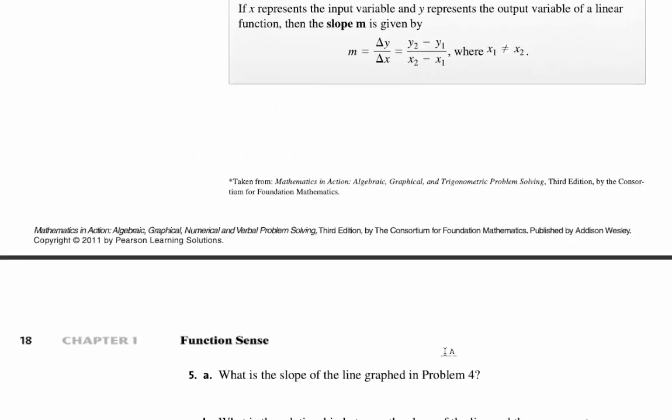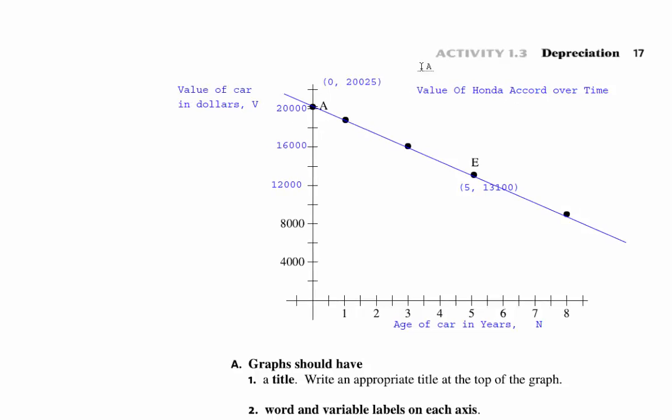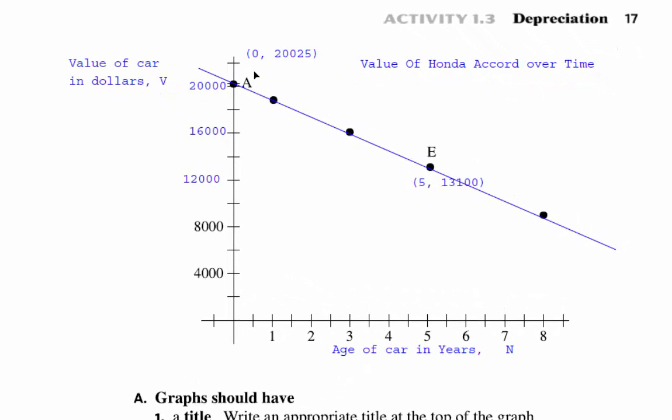So if we take a look at question number 5, they ask us, what is the slope of the line graphed in problem 4? Well, here's problem 4, so let's use that notation, y2 minus y1. So this 0 would be my x1, and the 20,025 would be my y1. And on point E, the 5 would represent x2, and the 13,100 would represent y2.